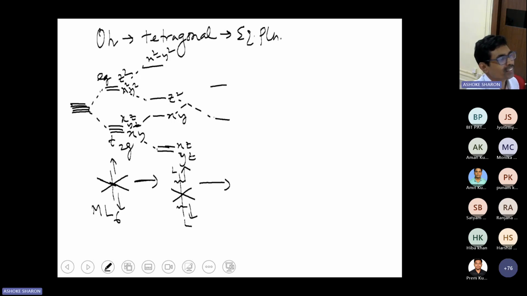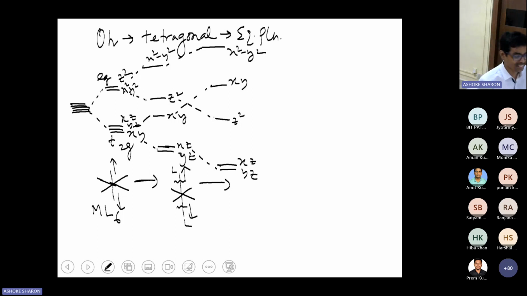It will be like this. Dz square will come here and xy will go up, and all the other orbitals containing xy will be increased in energy because now everything is in the xy plane. Again, dxz, yz will be further stabilized. That will be like this.